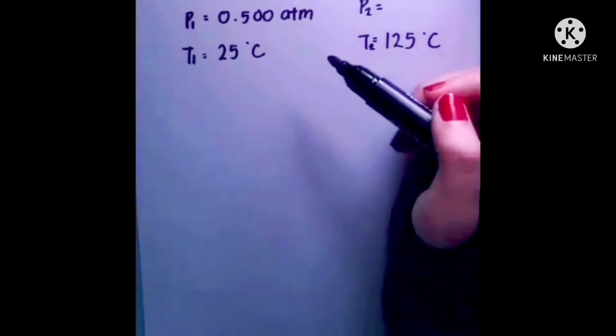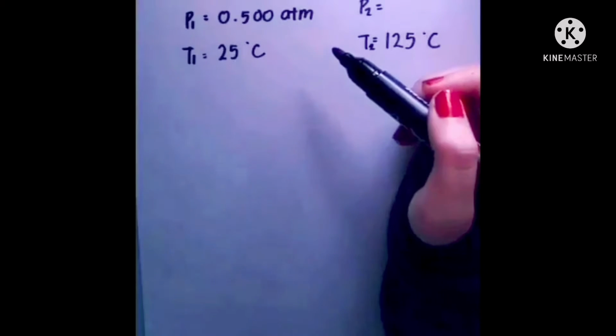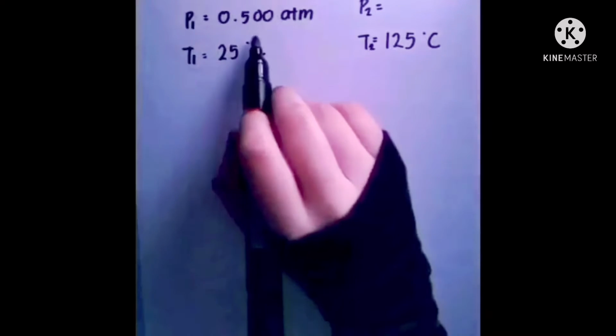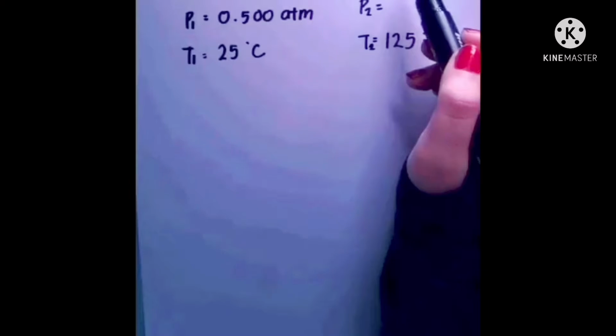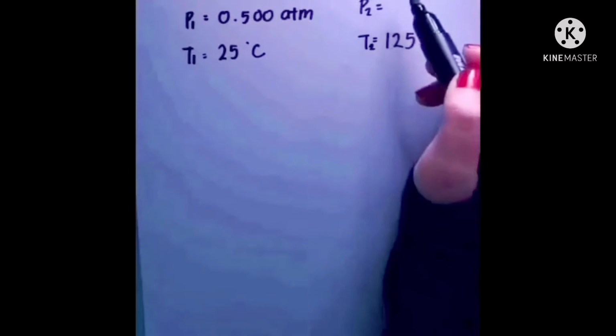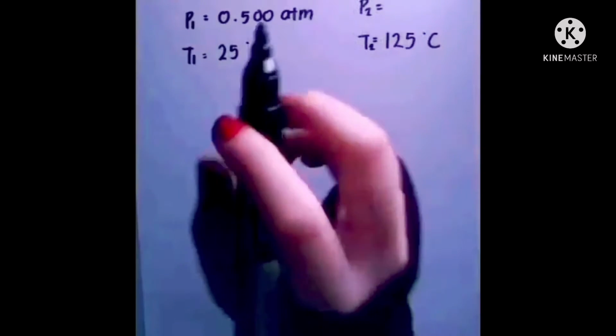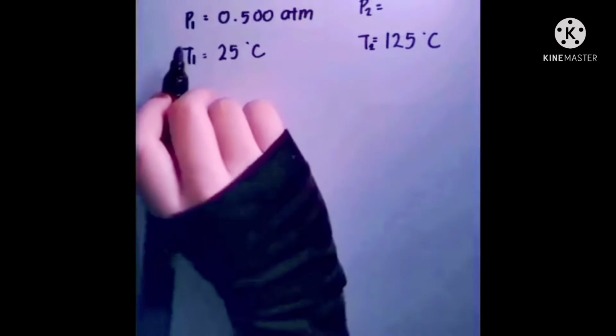So, 0.500 atm is our original pressure or our initial pressure. So we're going to put that at P1. And 25 Celsius is our initial temperature. So we're going to put that on T1.